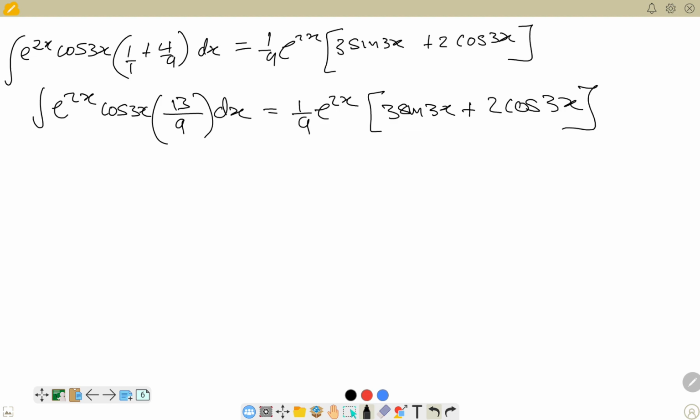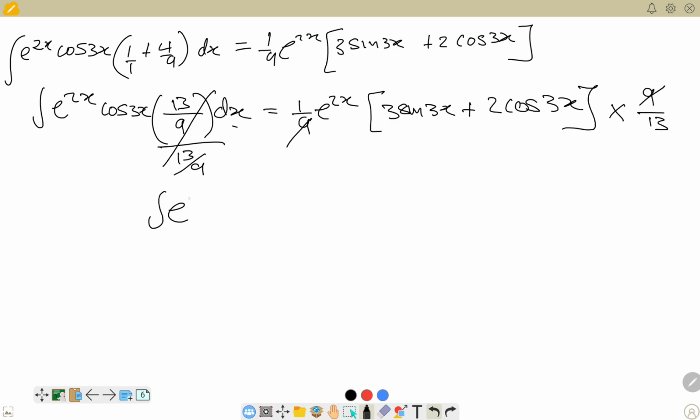So when we are here, we can divide here by 13 over 9. Dividing by 13 over 9 is the same as multiplying by 9 over 13. So we can see that this term here will be gone. Then on this side, a 9 and a 9 will cancel.